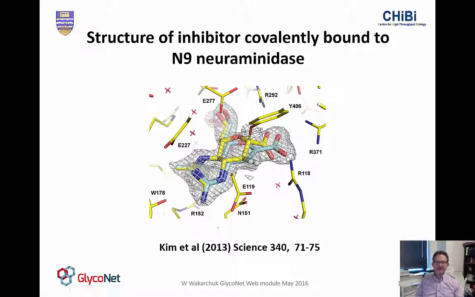The other piece of information that came from this particular work was that there was a structure of the covalently bound inhibitor in the neuraminidase from the N9 subtype.